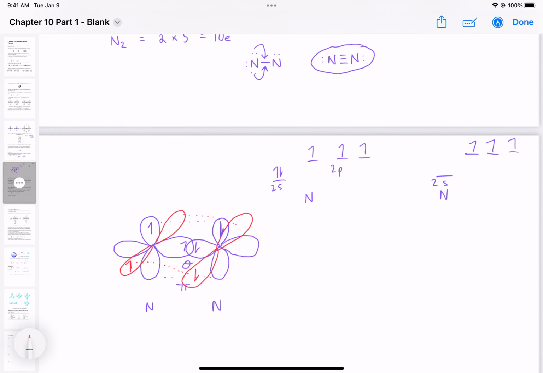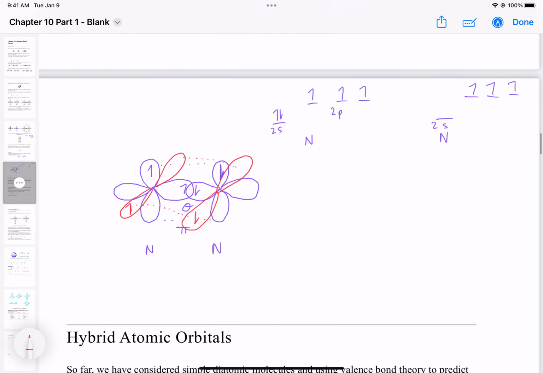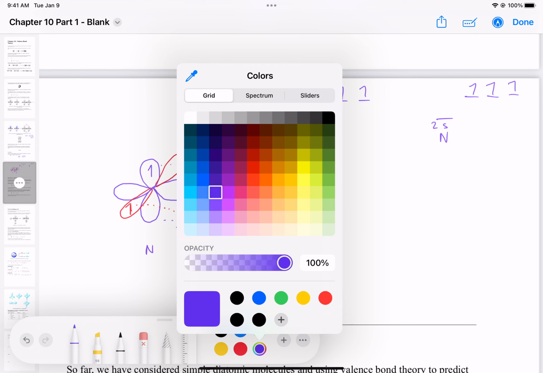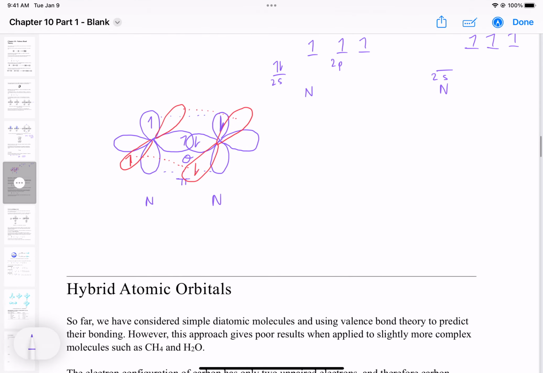Okay, so let's comment on them. So it predicts we should see one sigma bond, then 2 pi bonds.